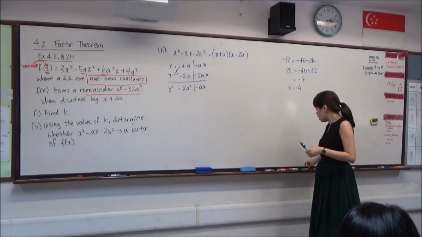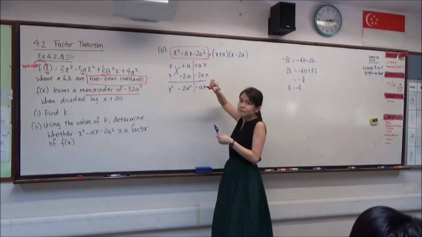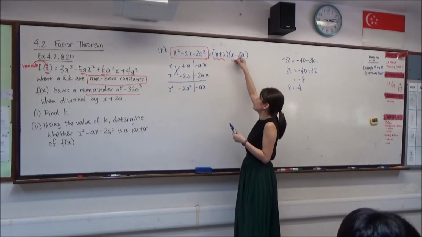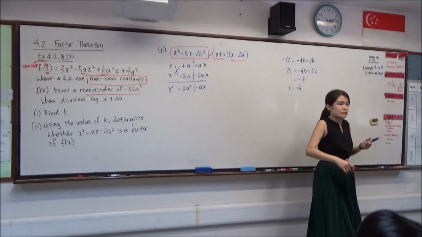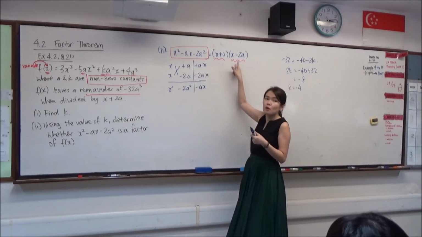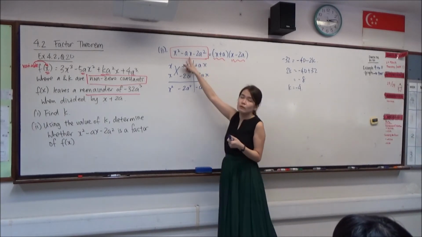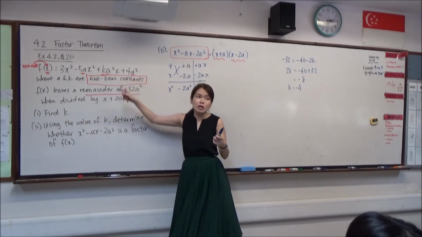So in order to check whether something quadratic is a factor or not, we must see whether the two separate linear factors are factors. If the remainder is 0 for both of them, then we will know this one will have to be a factor of this polynomial.